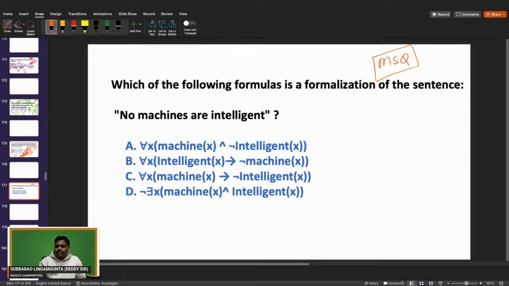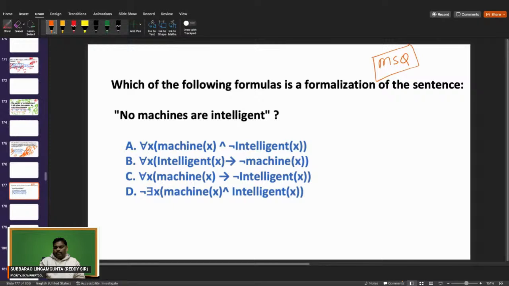I think everyone knows. No machines are intelligent. You want to say that no machines are intelligent means all machines are dumb.